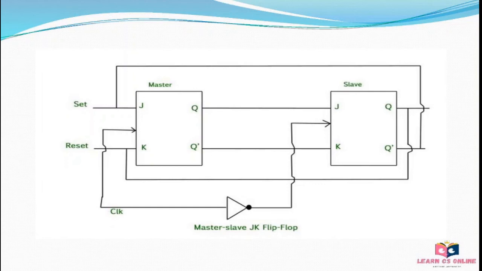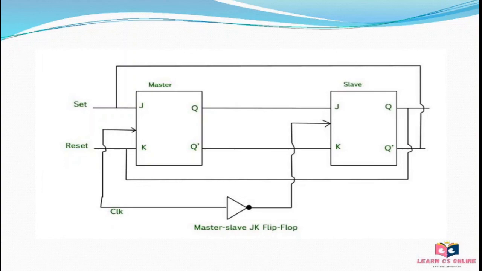When the clock pulse goes back to 0, information is passed from the master to the slave and output is obtained. Firstly, the master flip-flop is positive level triggered and the slave flip-flop is negative level triggered. So, the master responds before the slave.